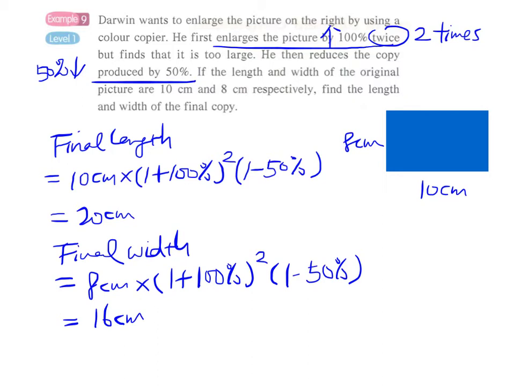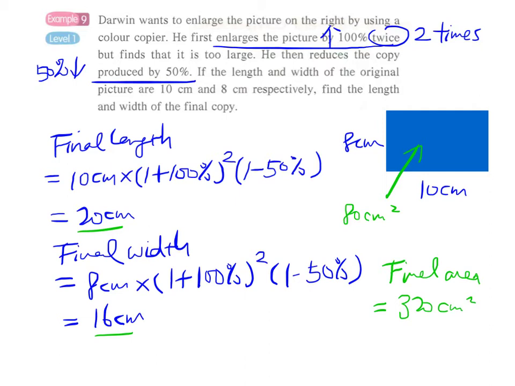If we find the original area of the picture, this will be 80 cm squared. And the final area should be 20 cm times 16 cm. This is 320 cm squared.